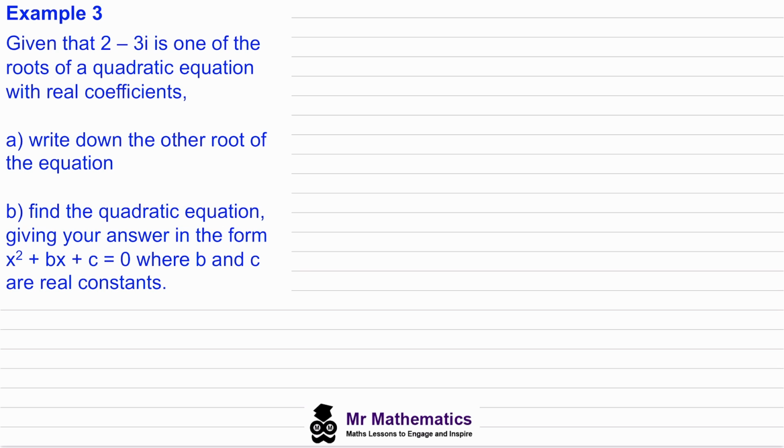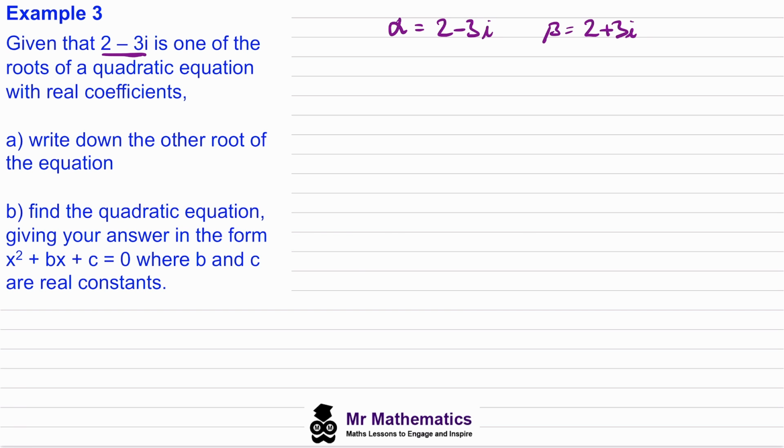Okay, so welcome back if you had a go. We're given that 2 minus 3i is a root, so we can call this alpha. We know alpha and beta form a complex conjugate pair, so beta will be 2 plus 3i.